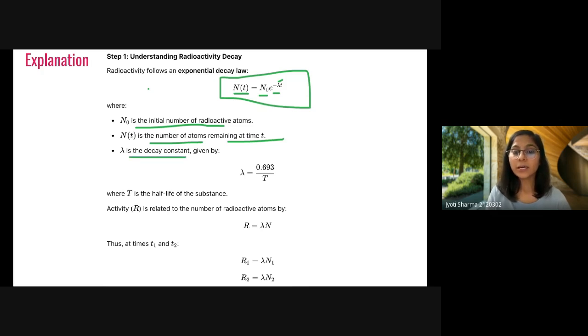We also know that alpha is equal to 0.693 upon T, where T is the half-life.